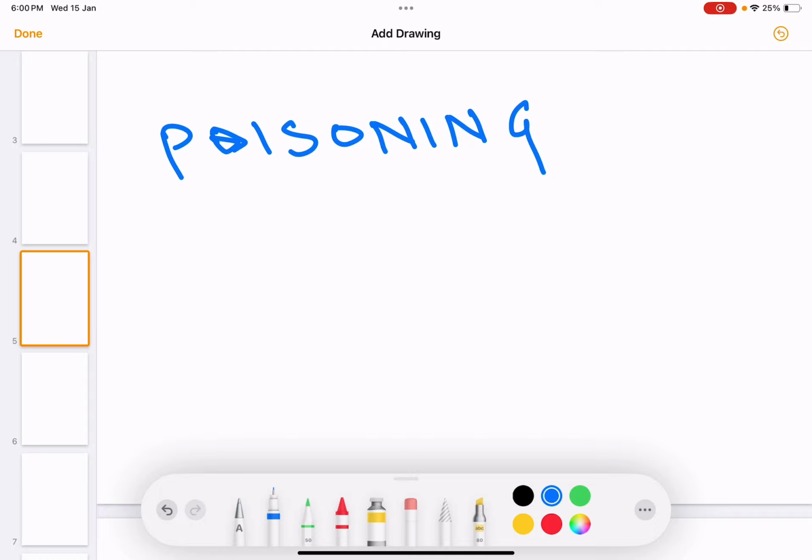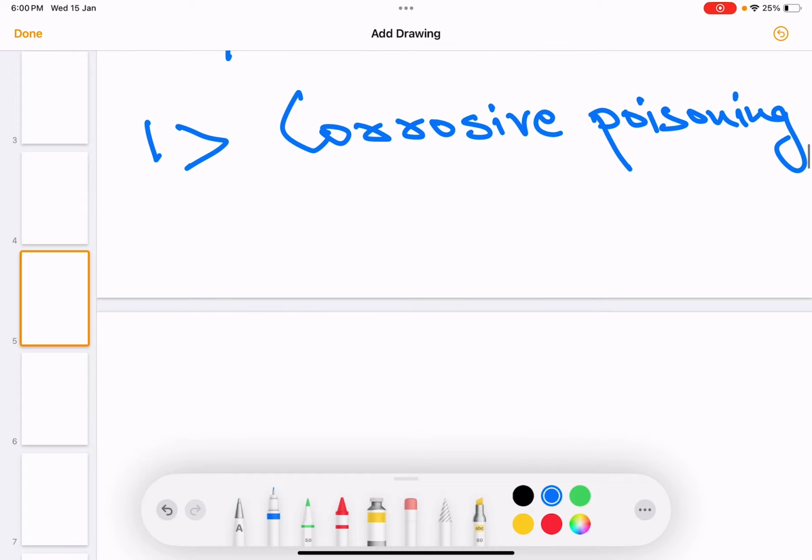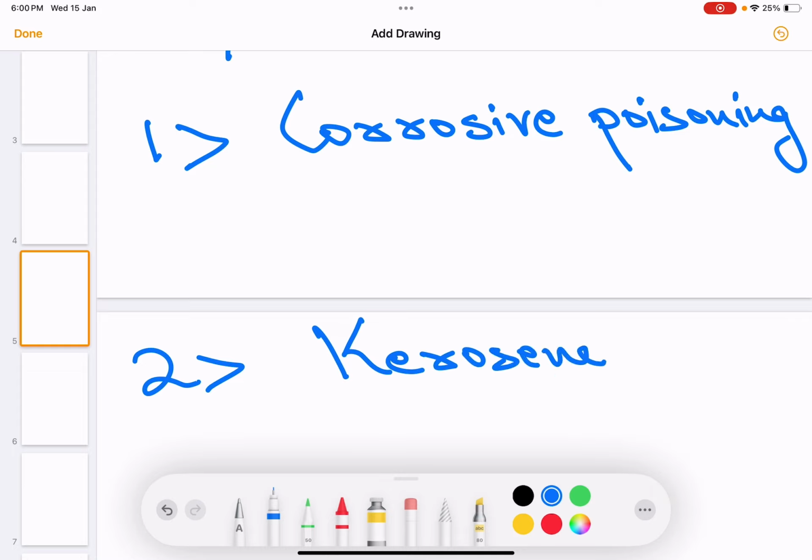Now, what are the contraindications for use of emetics? First is any corrosive poisoning, for example acid or alkali poisoning. Emetics are not used as there is a risk of perforation. Second is kerosene poisoning. There is a high risk of aspiration pneumonia, so emetics are not used.